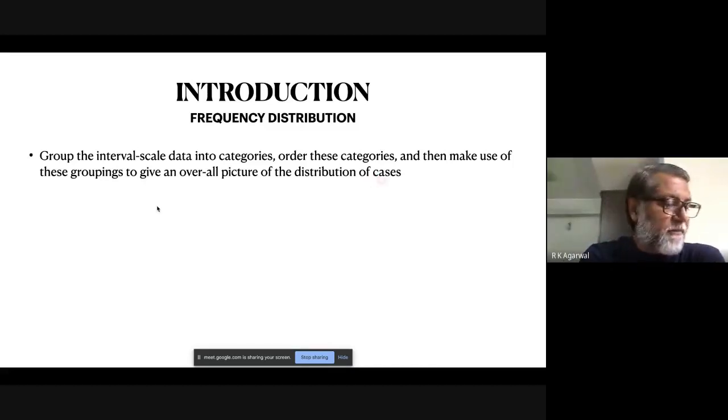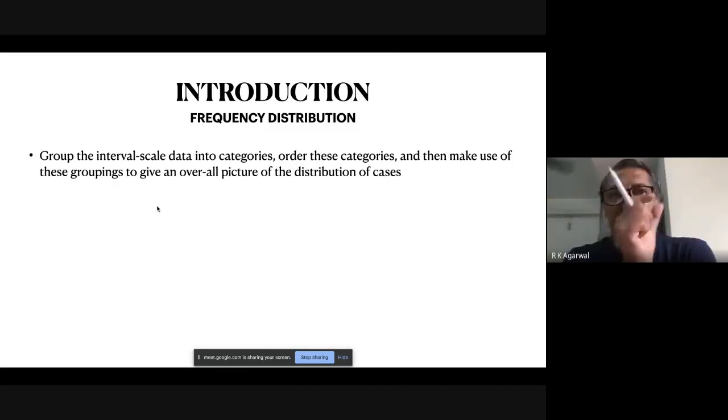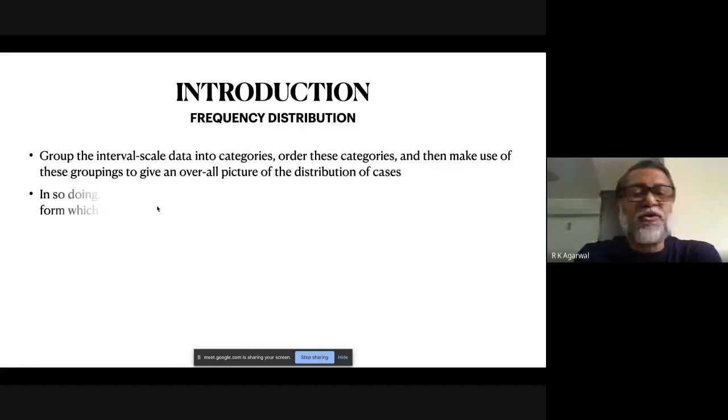Distribution means around which value most values are falling, around which, let us say, income, or around which weight most people are found. So that is what we call distribution of cases. One of the most famous distributions happens to be what we call normal distribution. And then we also have something called skewed distribution. We will come to that in a short while from now.